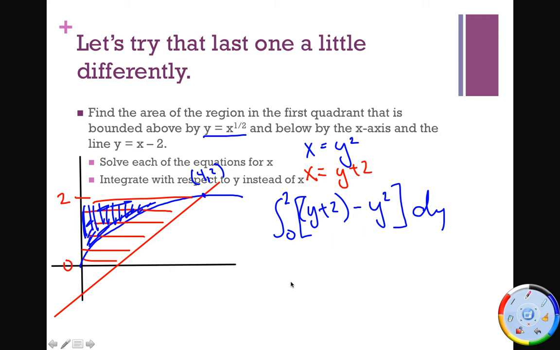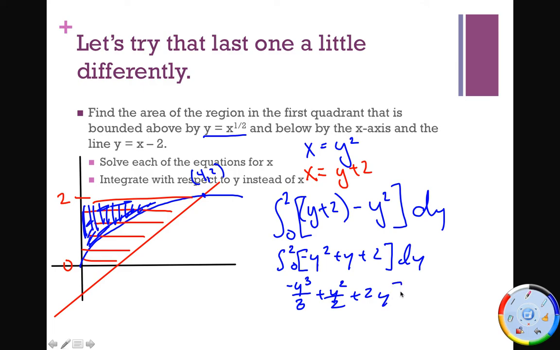So this really just becomes the integral from 0 to 2 of negative y squared plus y plus 2 dy. And I get negative y cubed over 3 plus y squared over 2 plus 2y evaluated from 0 to 2. And I really hope I get the same thing as 10/3.